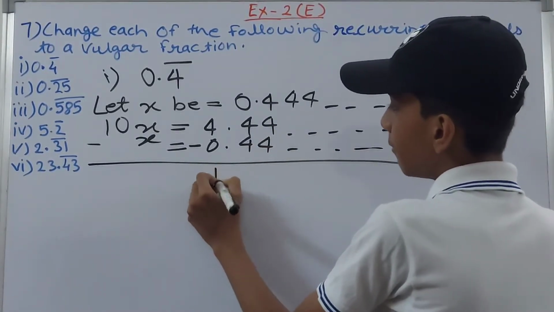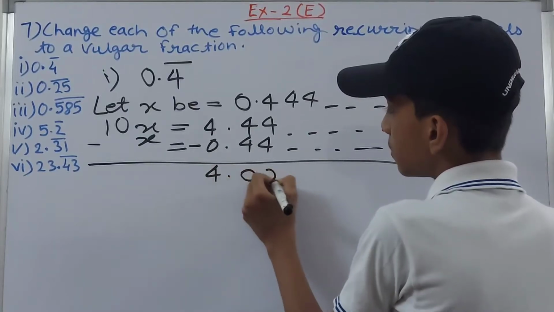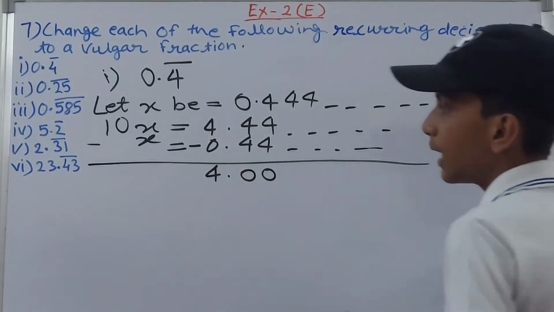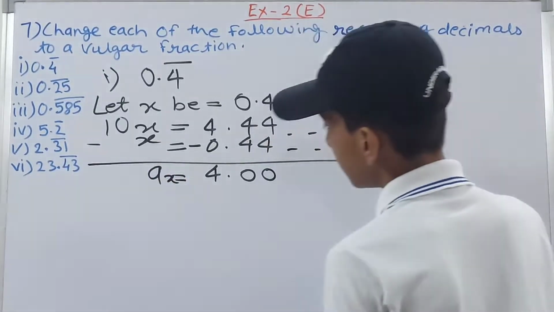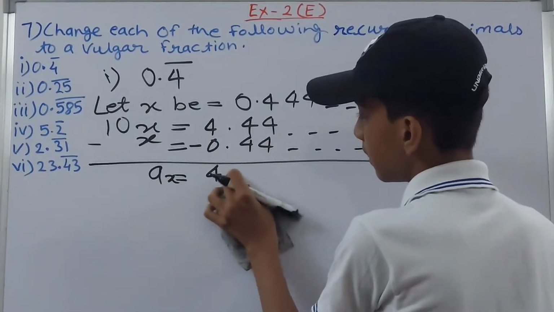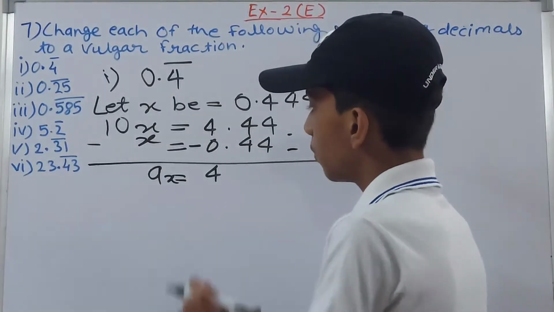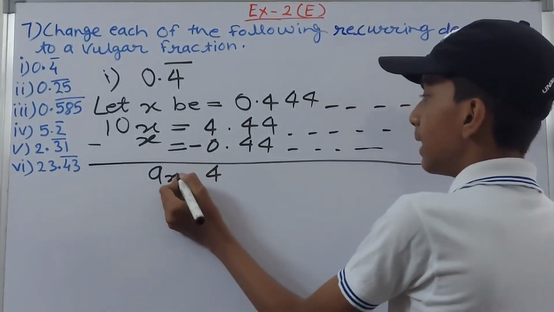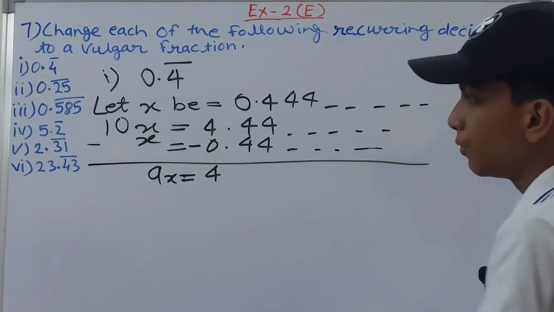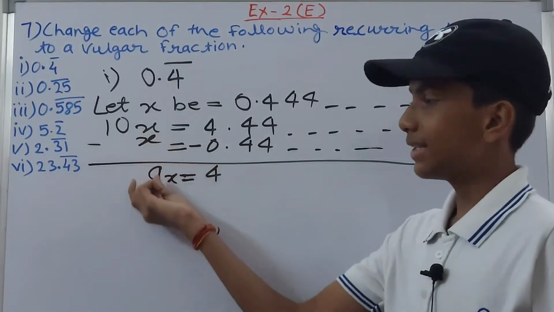Here we will have 4.00 and here we will have 9x. There is no need to write 0.00, just write 4, and 9x over here. Once you have subtracted, the dotted lines are also removed, and 10x minus x is 9x.